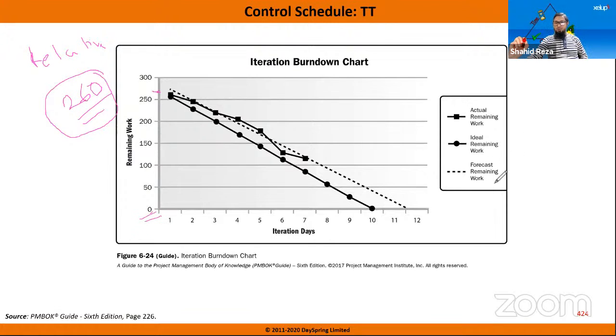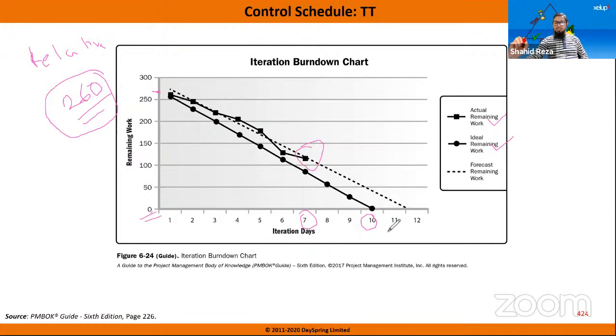So this is the ideal remaining work, the straight line. And the actual remaining work: when the project is progressing, say on the 7th day, we are not within the ideal timeline. We are above the line. That means if we move this way, we cannot finish all 260 story points on the 10th day. It will take another 2 days, right? Another 2 days.